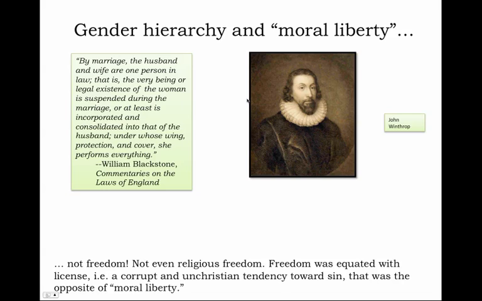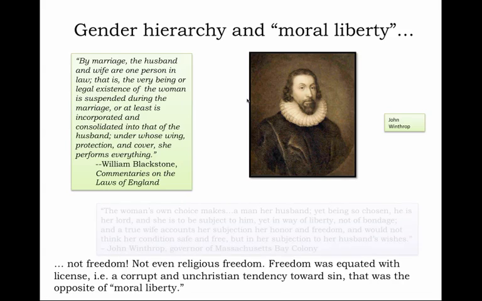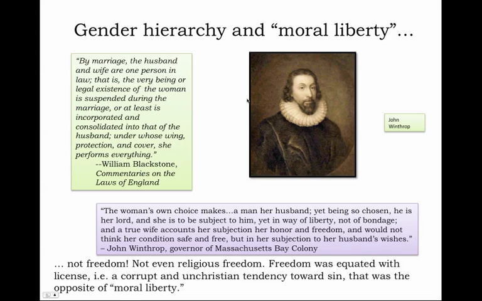That is, a person of the church who, because of his wealth and good reputation, served as a kind of moral steward for his congregation. And when we hear Winthrop talk about the Puritan marriage, we hear the echo of William Blackstone.